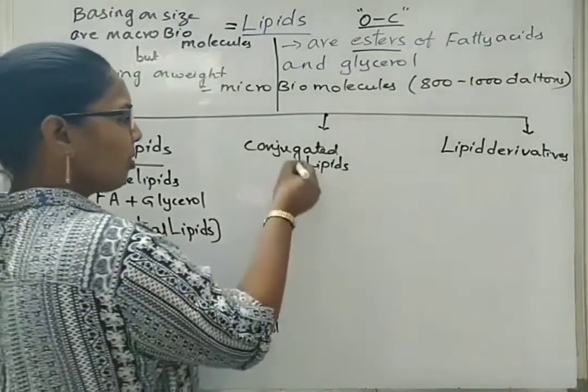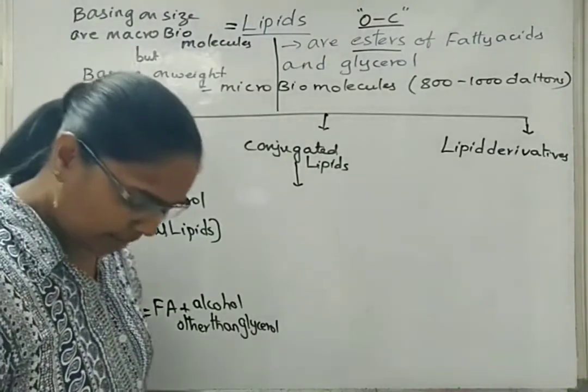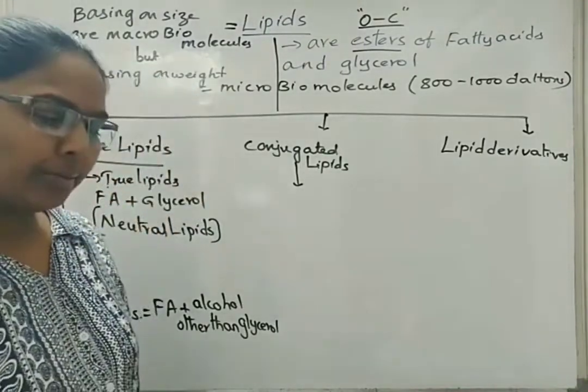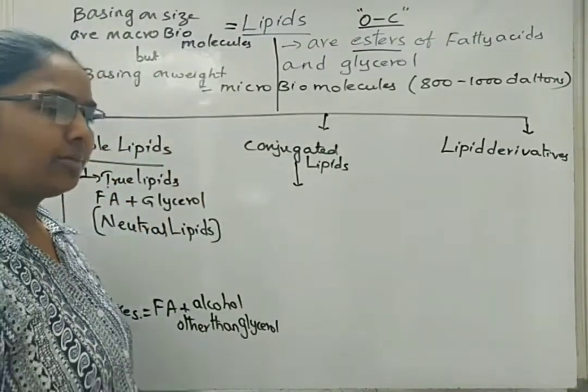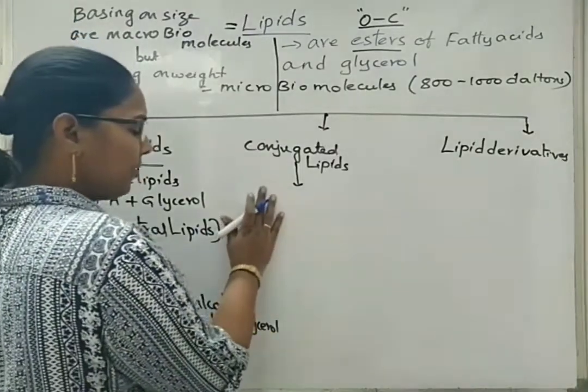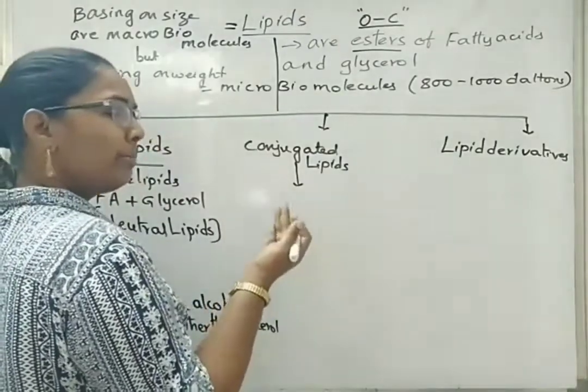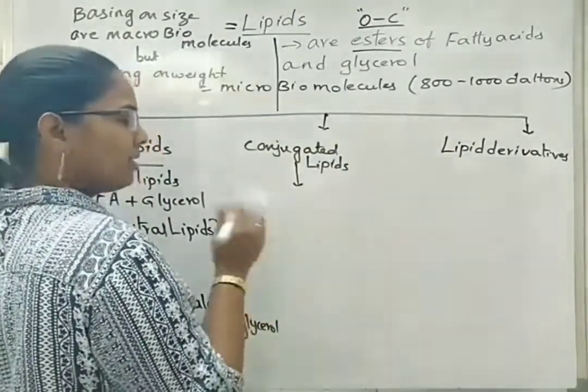Next, coming to conjugated lipids. In proteins also we have studied that when the protein part is mixed with a non-protein part, we give different terms basing on the non-protein part. In the same way, if a lipid is bound with any other non-lipid biomolecule, then again the terms are different.